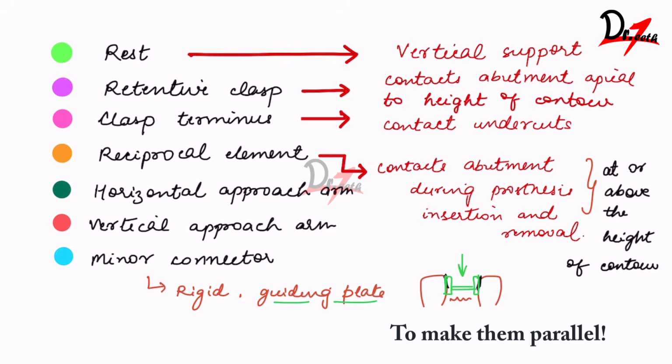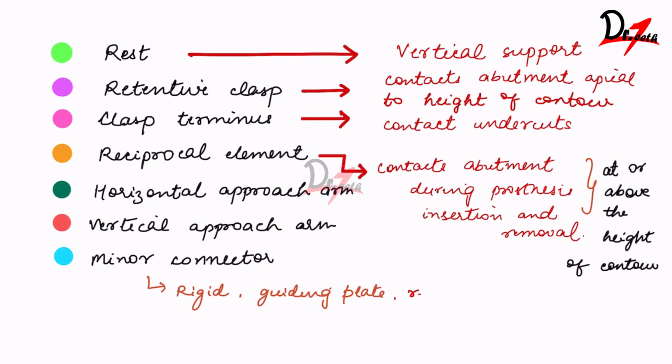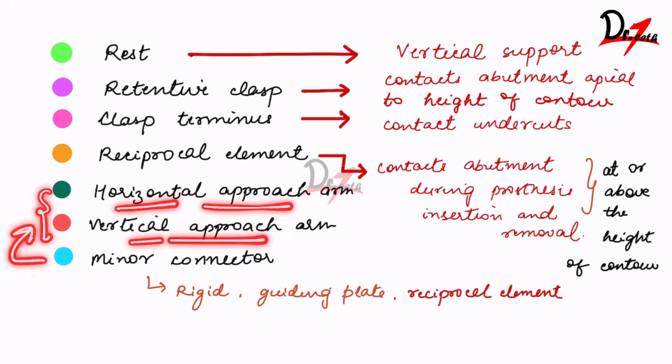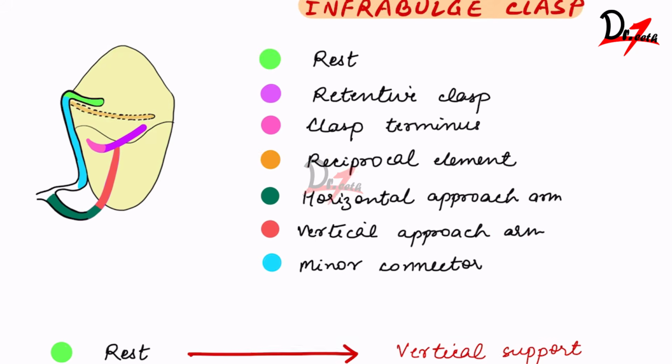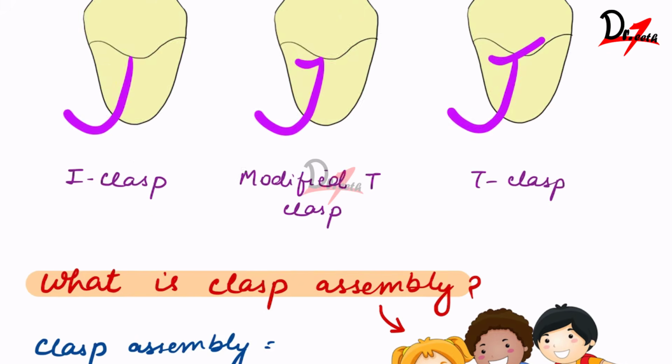It helps in the insertion and the removal of the prosthesis. It may also act as a reciprocal element to balance the forces, and also it may act as horizontal approach arm and vertical approach arm in case of the infrabulge clasp, okay. So that was all about the direct retainers.